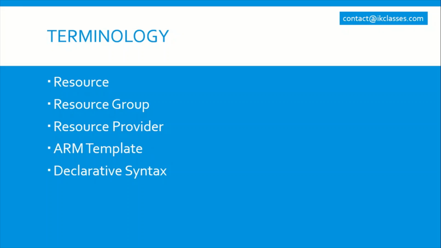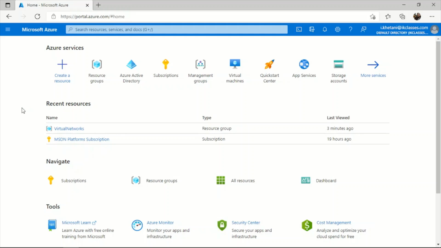Let's see a demo. How can we create a resource group? In this demo, we will be working with Azure Resource Manager. We will be creating a resource group, then deleting that resource group, and working with locks.